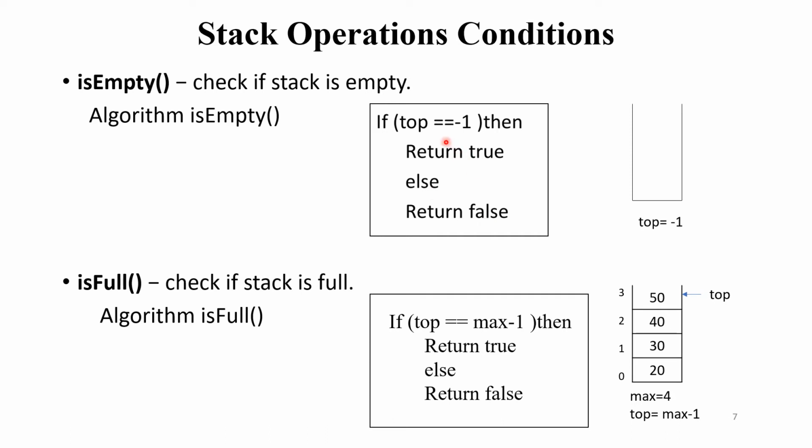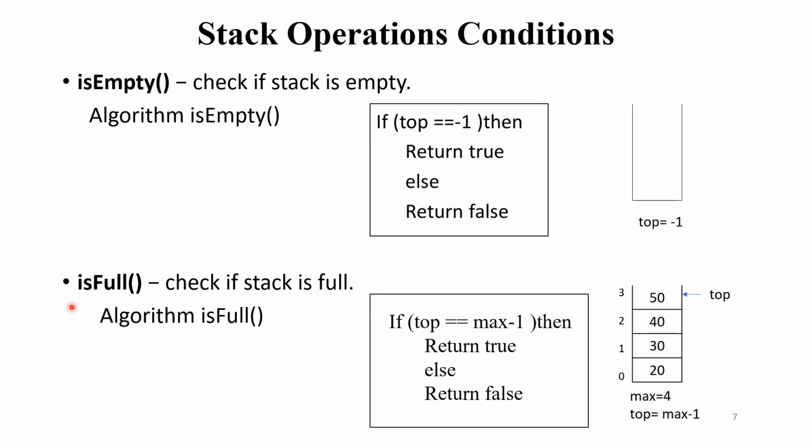So here the condition is top is equal to -1, which means if the stack is empty, then top is equal to -1. If this condition is true, then print stack is empty. And in the else part, false means the stack is not empty.